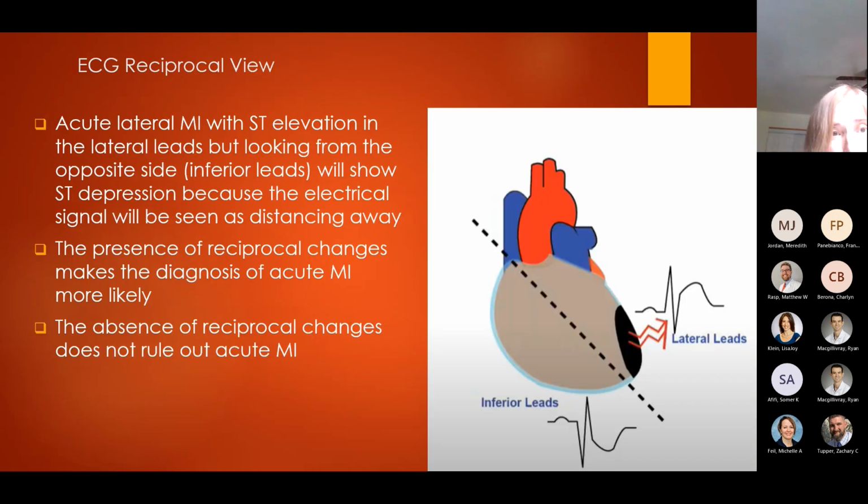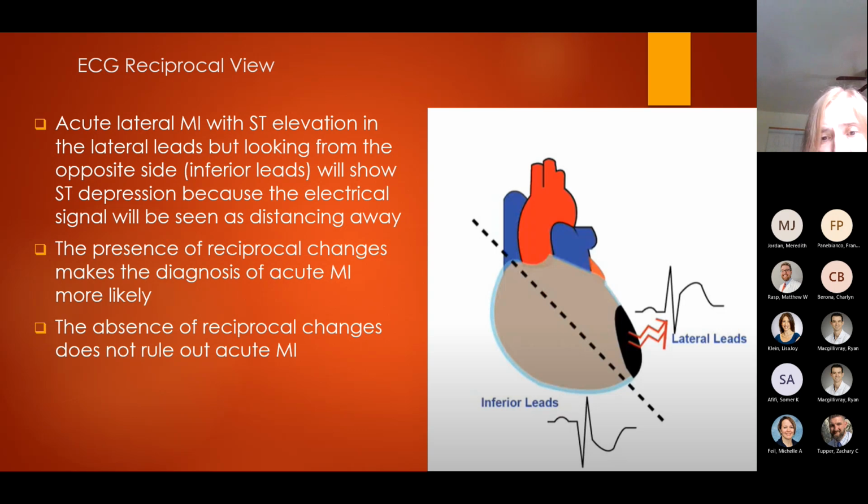And here's an example. So you have acute lateral MI with ST elevation in lateral leads, and your lateral leads would be V5, V6, AVL, 1, the leads looking at the side of the heart. You see elevation here, and the opposite, the inferior leads, you would see depressions here, reciprocal changes.